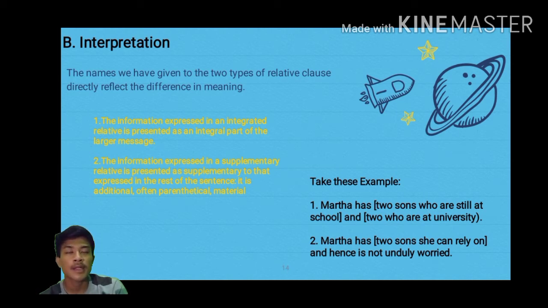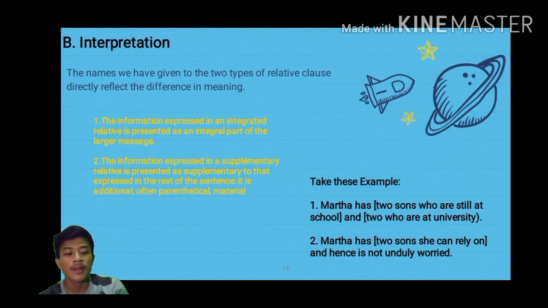In the first example, the relative clauses are certainly semantically restrictive. There they distinguish two sets of sons. Evidently, Martha has at least 4 in all. In the second example, however, there is no restriction. There is no implication that Martha has more than 2 sons.